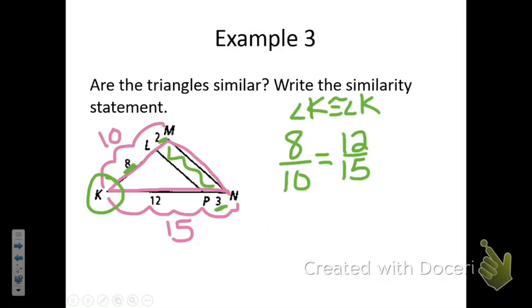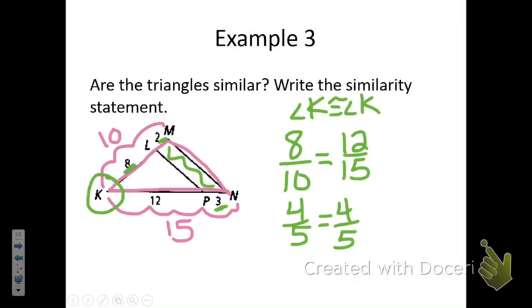So let's simplify these and see if we get the same ratio. So 8 over 10, what does that simplify to? 4 over 5, good. And what about 12 over 15? Yep, they're both divisible by 3, which does give me 4/5 again. So is this side angle side similarity? Yes.